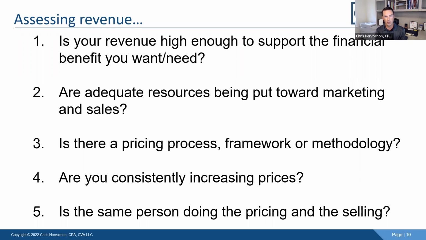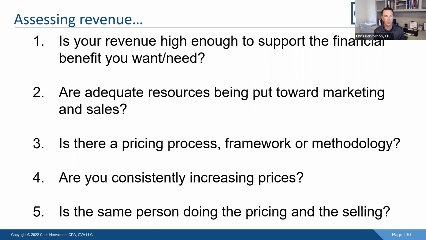If that person is now being focused toward marketing and selling the actual agency, that means that they are not doing the other stuff that really they're earmarked for, the other seat that they are filling too. So yeah, that's one approach, but you just need to make sure that you're putting the right resources toward marketing and sales. You need to make sure that you're not also detracting from another area of the agency. So that's number 2. Number 3 is there a pricing process, framework, and methodology.